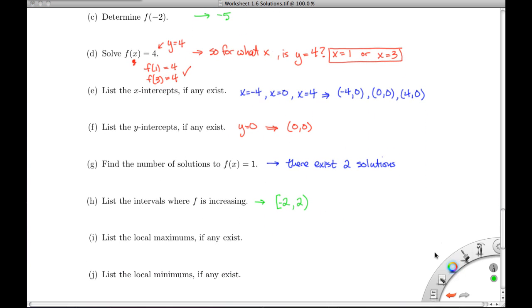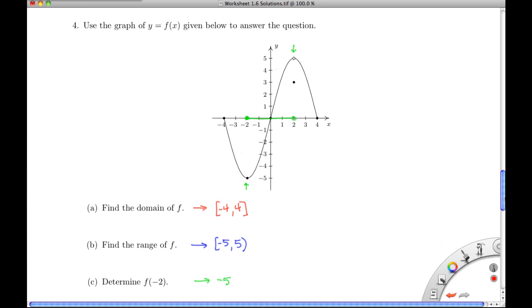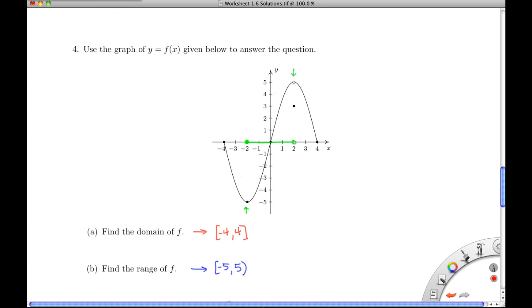Okay, so next we're asked to find any local maximums. Now local means as opposed to an absolute. It just has to be a max relative to the points around it. And if we look up here for local maxes, the first one that might jump out as a possibility is this high point here, but unfortunately it's not defined there.